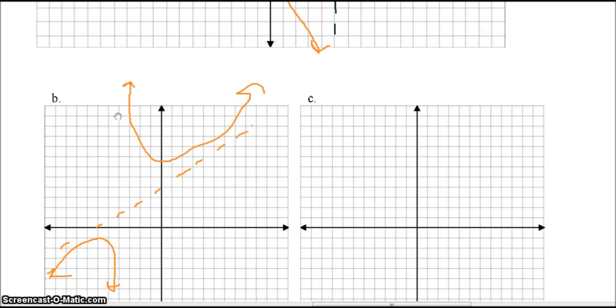And part C, let's see, this one goes up here. This one comes down here. Okay. I am not going to make you guys do these problems. Those aren't very fun.